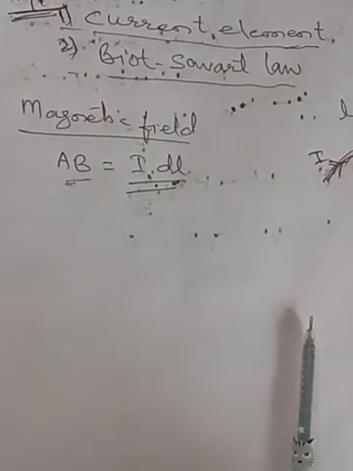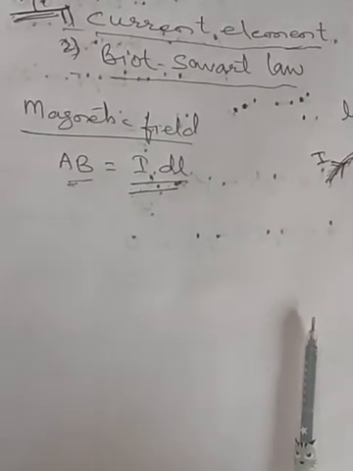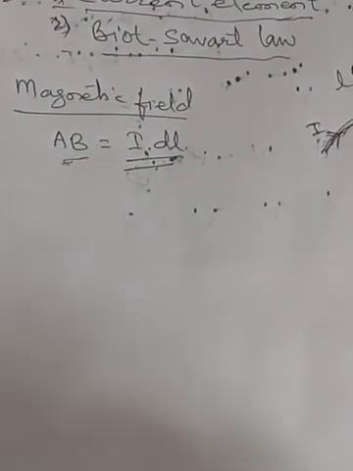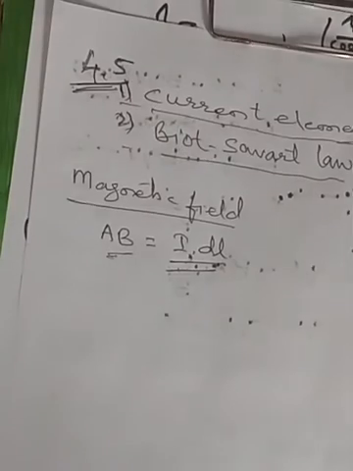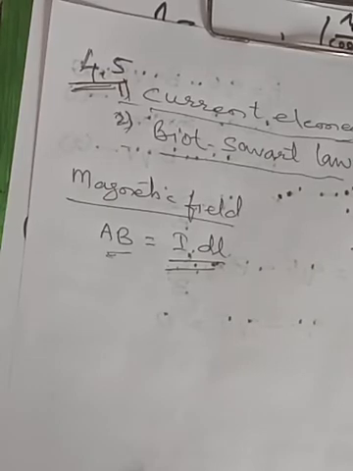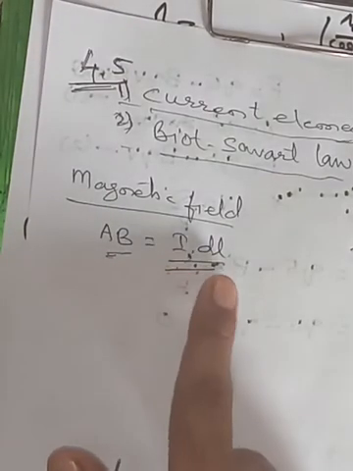So this is your current element. The definition or description you have to understand like this: current element is nothing but the infinitesimally small portion of current carrying conducting wire. And how much current will be flowing? It will be I into dl.